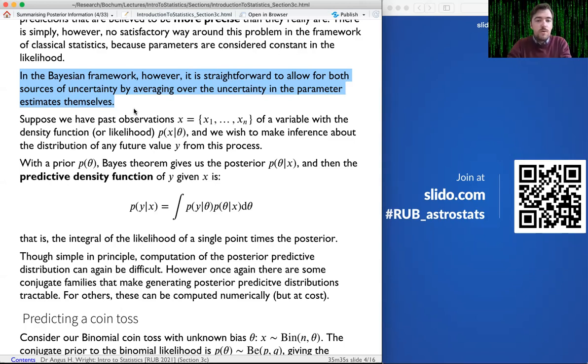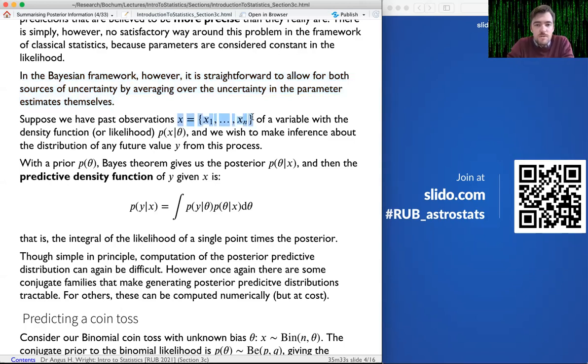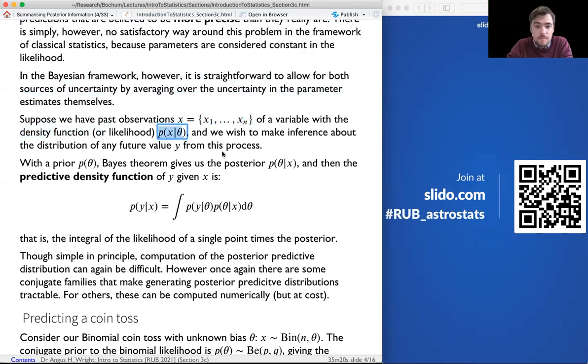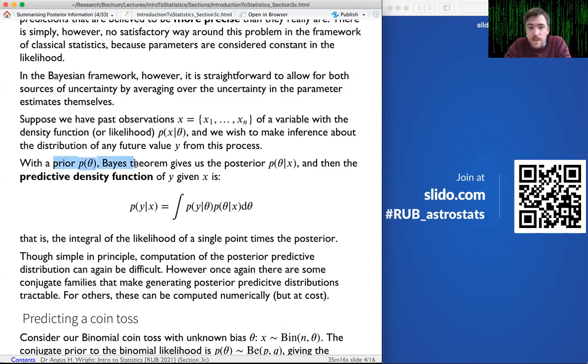And so what we can do is we have some series of past observations, x1 to xn, and those are drawn from some density function, which has some likelihood p of x given theta. We have some prior, which we already know about given last week's lecture, and we can combine the prior and the likelihood to give us some posterior.